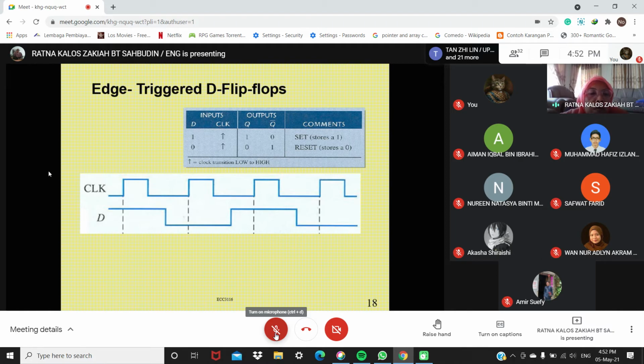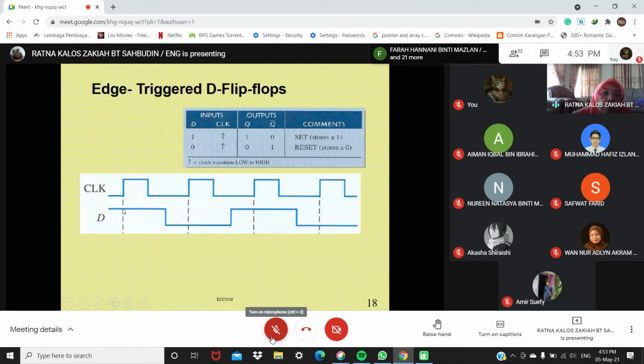What does the shape look like? From low, it's easier. You start from low here. Q starts low, and then this is the positive edge. You already have this line, so you refer to this line. But in the test, you have to draw the line. I will not draw it for you.